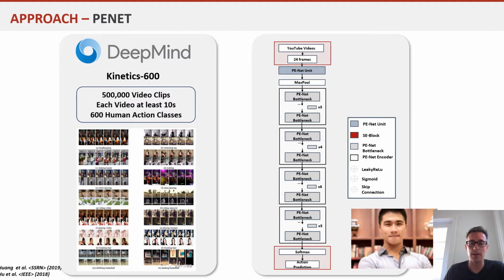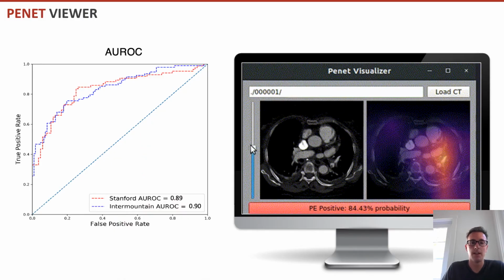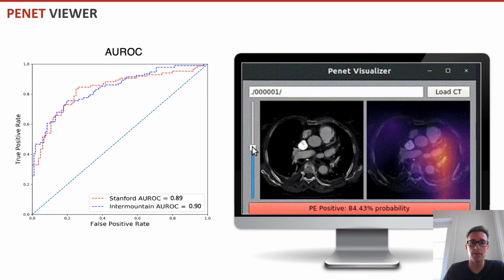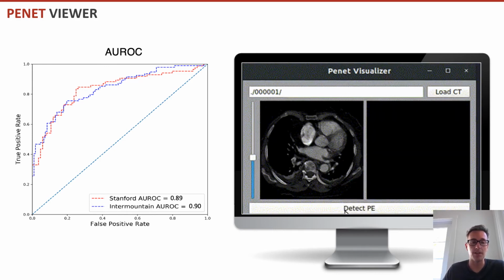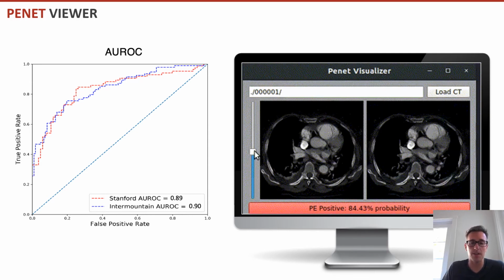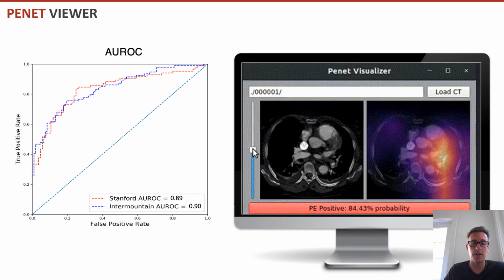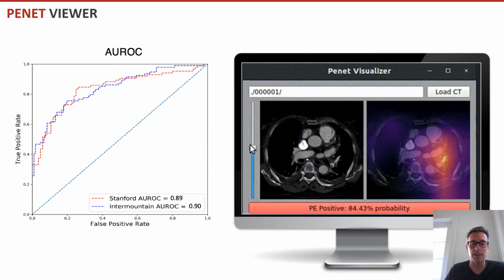And this was work led by Mars Wang, who's a PhD student in my lab. And so our result was phenomenal for this work. We were able to come up with both state-of-the-art performance on Stanford PE studies for identification, as well as an external validation data set at another hospital where we did not obtain training data, but then applied to a test set.